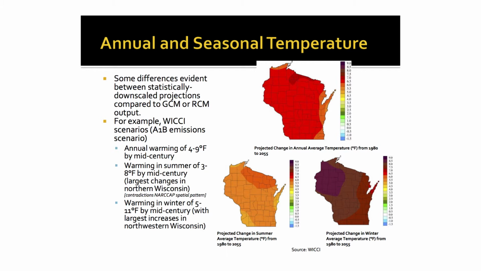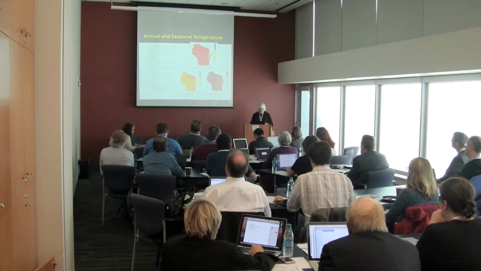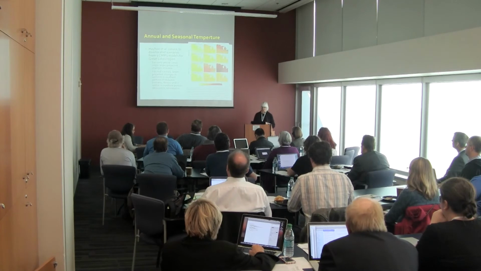Some of the things you might see are differences between their scenarios, which are statistically downscaled, versus the dynamically downscaled ones from NARCAP. For example, the projected annual change is somewhat larger for the WICCI ones, and in particular in the winter time, with theirs showing the largest change in the northwestern part of Wisconsin, which is not what we see in NARCAP.